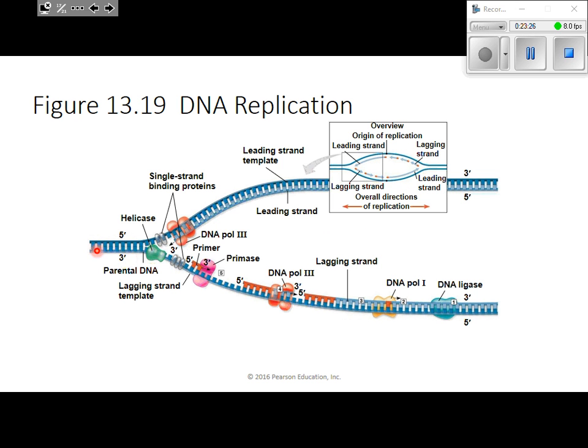So just imagine this DNA molecule is hundreds of feet long. So we're only seeing one bubble. And we've got helicase moving in this direction, but on the other side of our bubble, if we could see like right here, helicase is also moving in this direction. So we're replicating to the right.